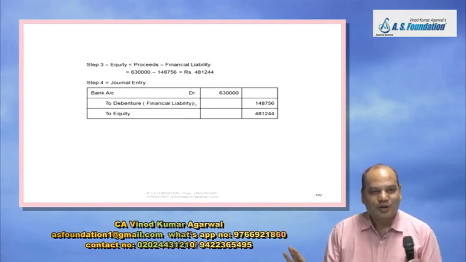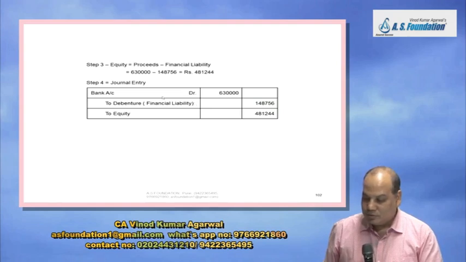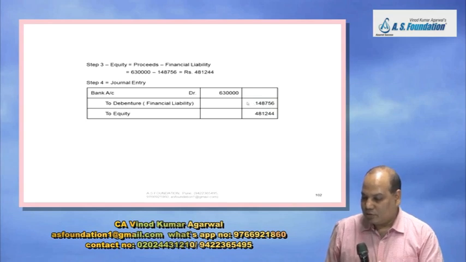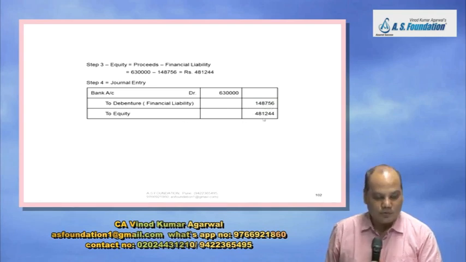There is no discount account I am going to open. Is it right? Whatever you have received will be allocated between debenture and equity. So to debenture financial liability 148,756 and to equity 481,244.